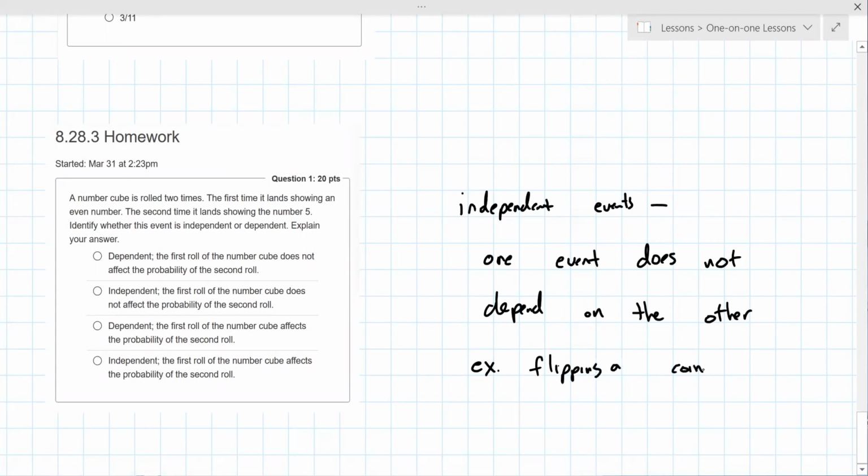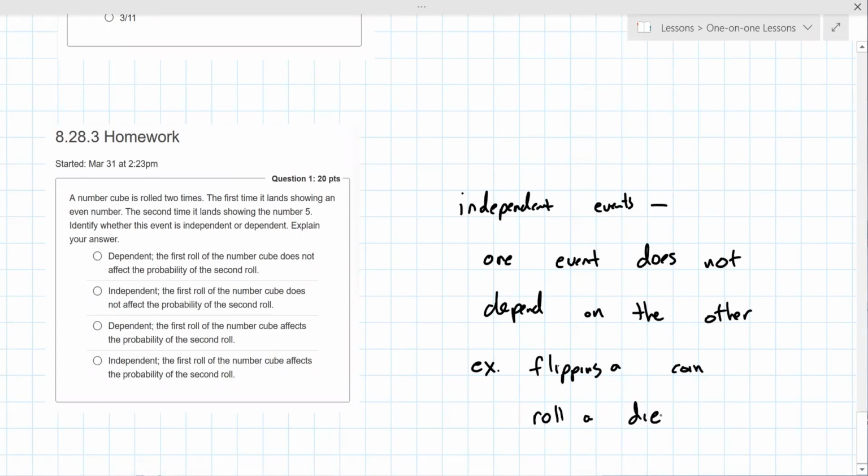When you flip a coin, you might get heads, you might get tails, we don't know. But the next time you flip it, the result has nothing to do with what occurred on the previous roll.